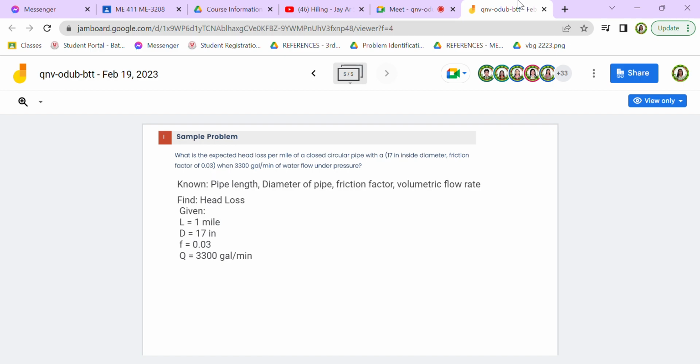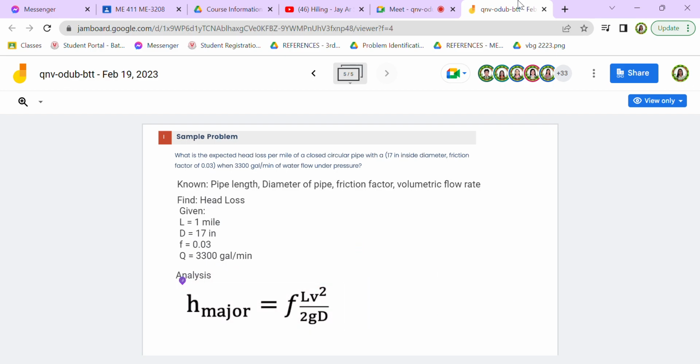So, since ang kinukuha dito is head loss and given si friction factor, gagamitin natin si Darcy-Weisbach equation for the analysis. Let's copy-paste the Darcy-Weisbach equation. And let's check if kompleto ba yung mga given na binigay sa problem para ma-solve si head loss.